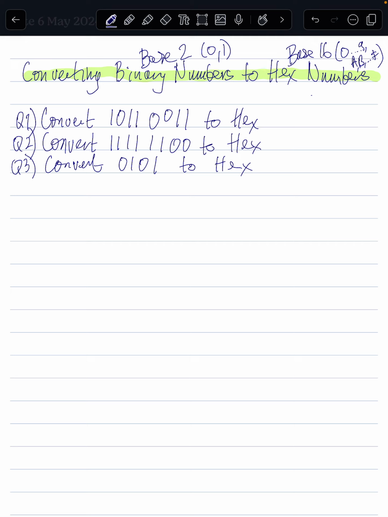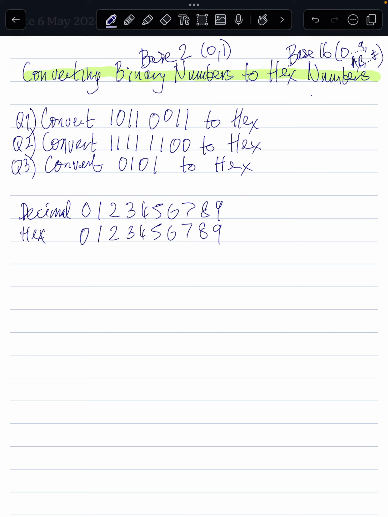Okay, so if we make a table of decimal to hex digits, everything from 0 to 9 is the same. So 0, 1, 2, 3, 4, 5, 6, 7, 8, 9 is the same in hex. However, from 10 onwards, it's different. So 10, 11, 12, 13, 14, and 15 in hex.